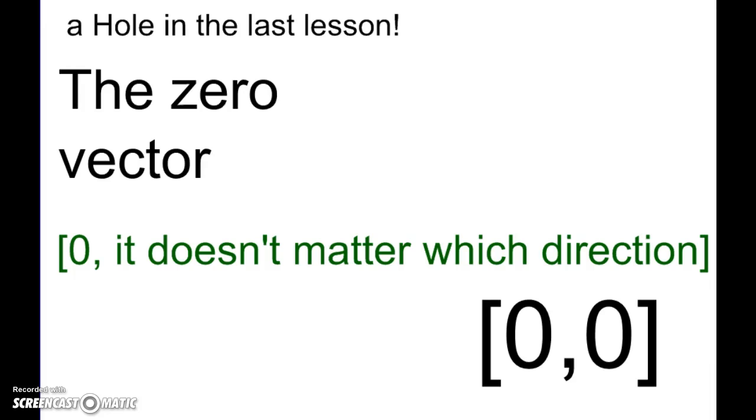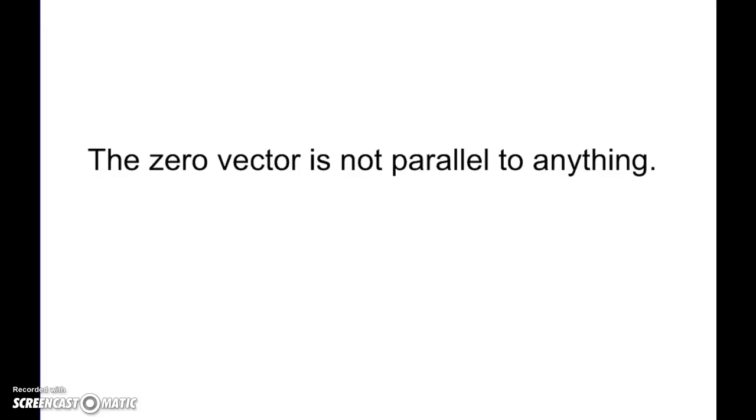The component, or the polar coordinates for the zero vector are 0 and at any angle you want. So my zero vector, I could stand here and face any way, and it's the same vector. I'm going nowhere. And this is important. It has its own slide. The zero vector is not parallel to anything.